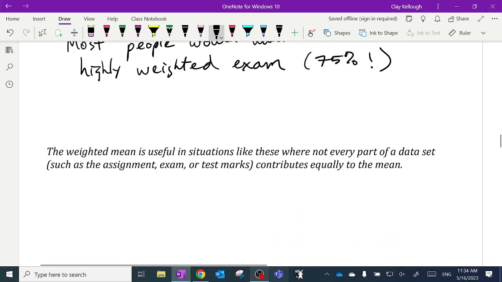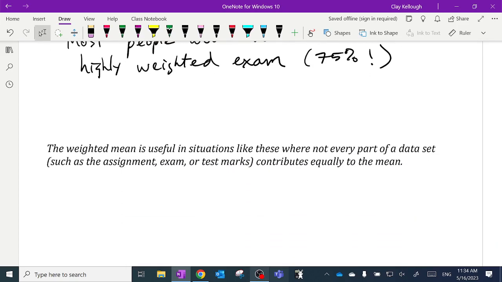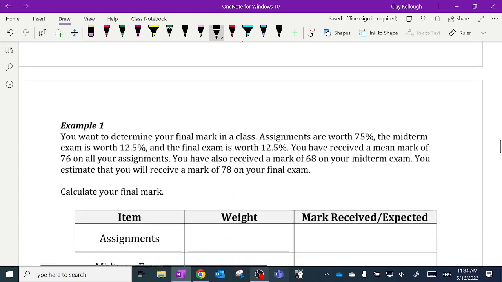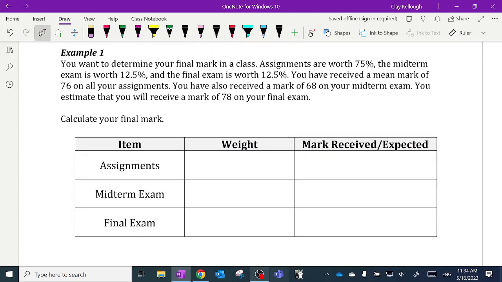Now, a weighted mean is useful in situations like these where not every part of a data set, such as assignments, exams, test marks, contributes equally to the mean. Let's do an example. You want to determine your final mark in a class, and it turns out in this particular class, assignments are 75%, the midterm exam is 12.5%, and the final exam is 12.5%.